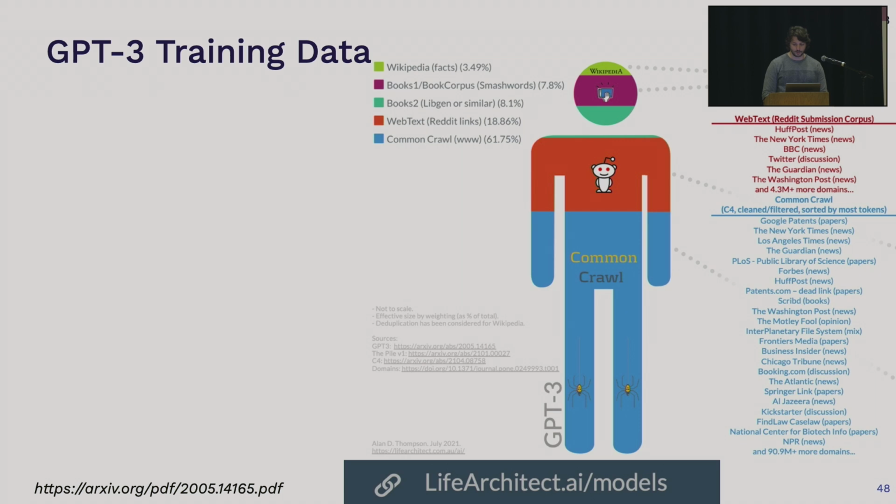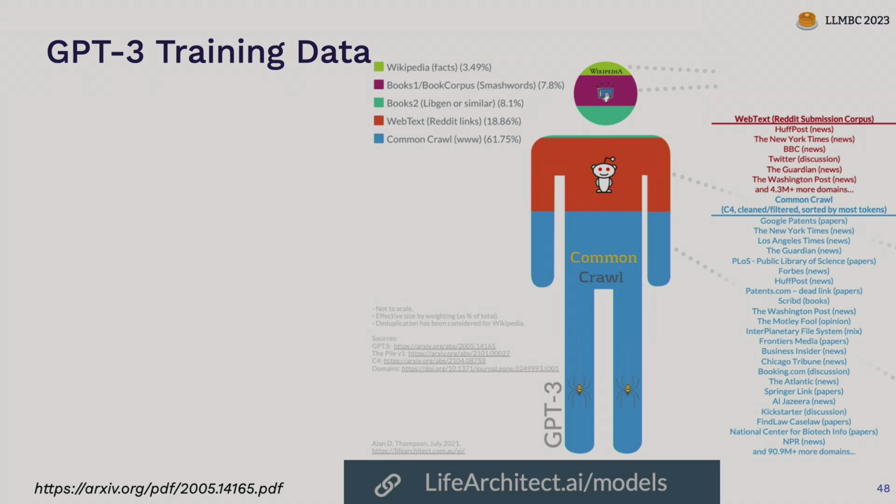GPT-3 was trained on a much larger data set, which is one of the reasons it was able to generalize better. This included a lot of the data that GPT-2 was trained on, but also a lot of other data from the messy Common Crawl data set. A lot of the effort that went into building GPT-3 was around scaling up the engineering side of the model architecture and figuring out how to shove way more data into it.